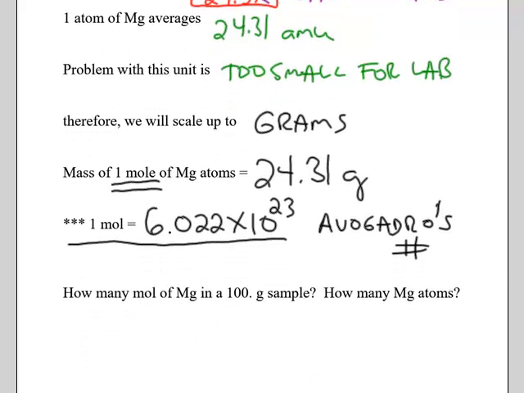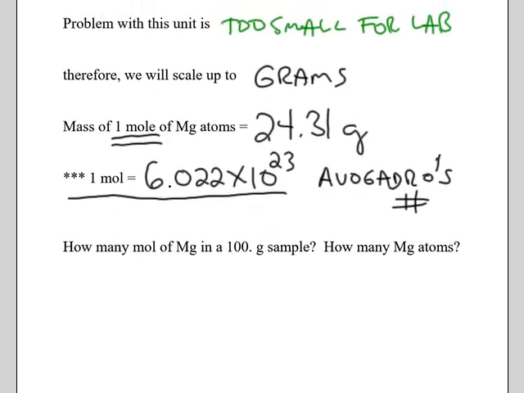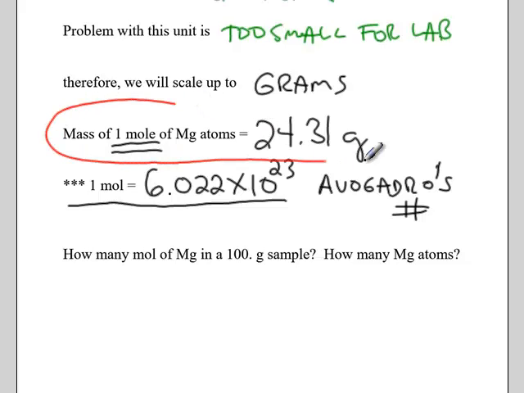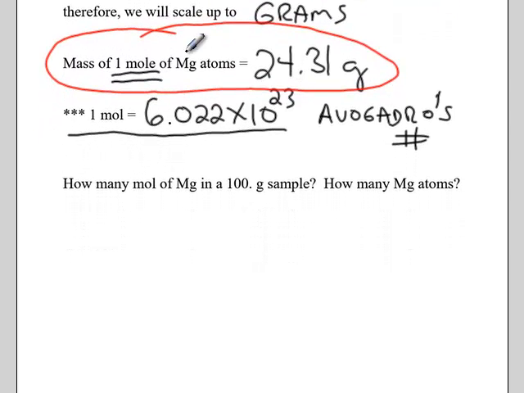So we can use Avogadro's number in a problem like this. How many moles of magnesium are there in a 100-gram sample? And the key conversion we get from the periodic table: 24.31 grams of magnesium is equivalent to 1 mole.